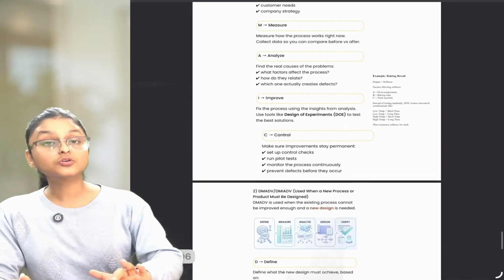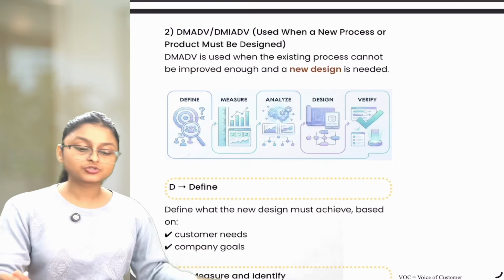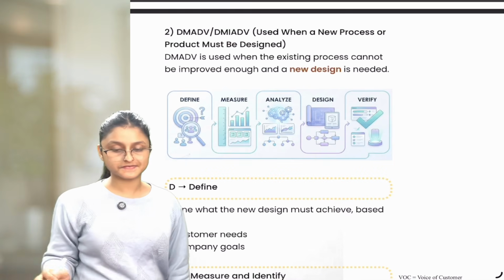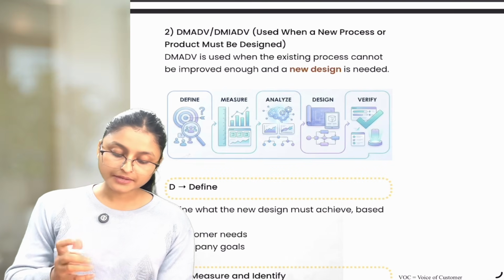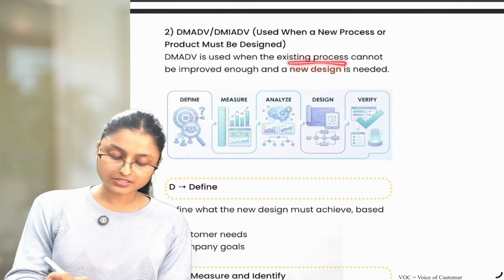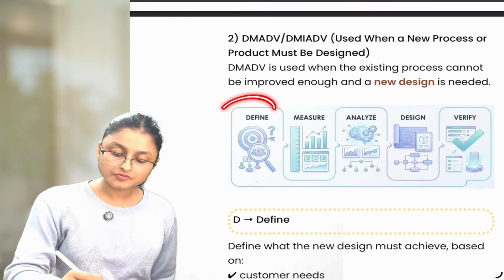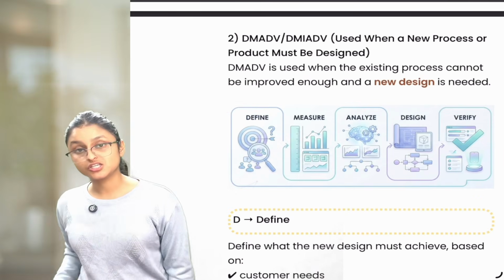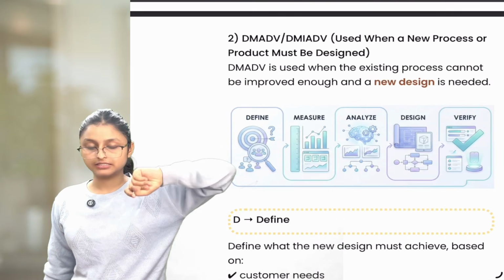Now, if you want to create a new process, you can use DMADV, which is also known as DMEDV, used when a new process or product must be designed. DMADV is used when the existing process cannot be improved enough and we need a new design. First, we will define what we want to achieve with the help of DMADV as we were doing in DMAIC.